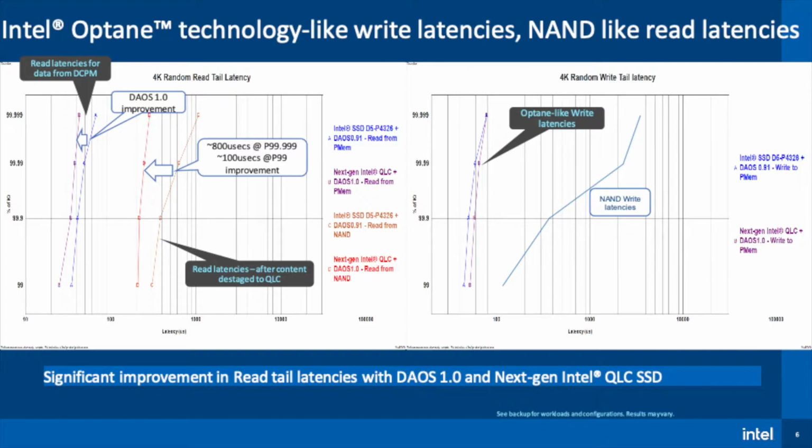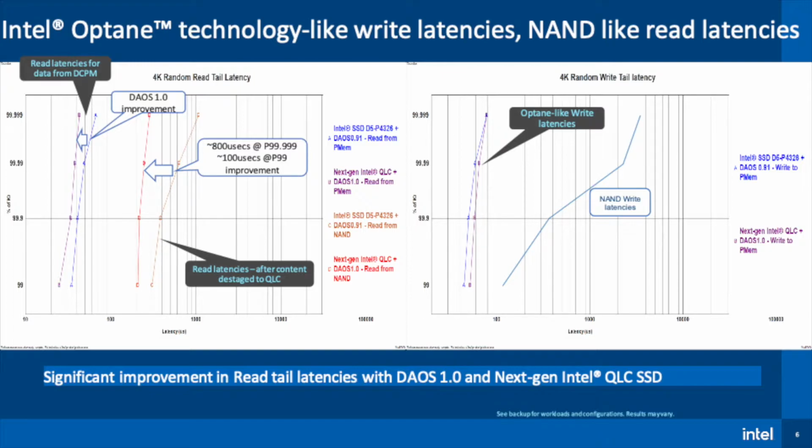Also, if you look at lines A and B on the leftmost chart, you're looking at the performance improvement that came from the DAOS stack from Optane-based read caching. So we saw a really good improvement with the latest code base for read tail latencies.